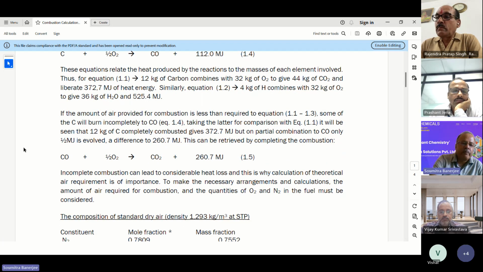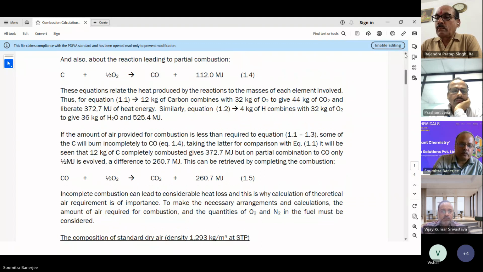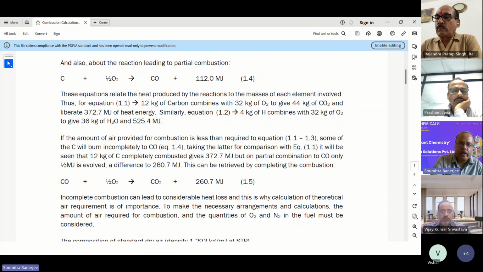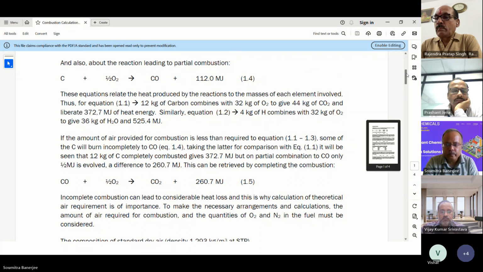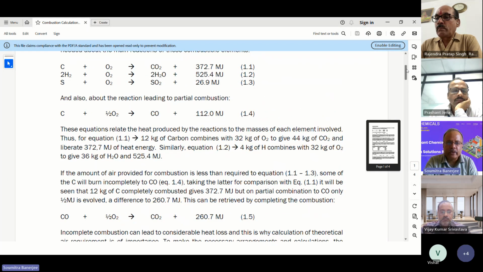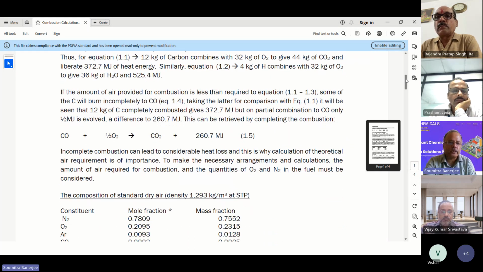Then if I burn CO, like the blast furnace gases and coke oven gases, when they are burnt in HRSGs in steel plants, they give complete combustion to CO2, and they still give you 260.7 megajoules. So this is in comparison, 327.7 as compared to 260.